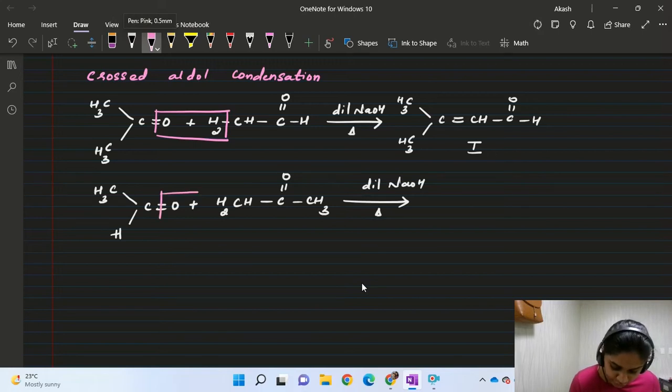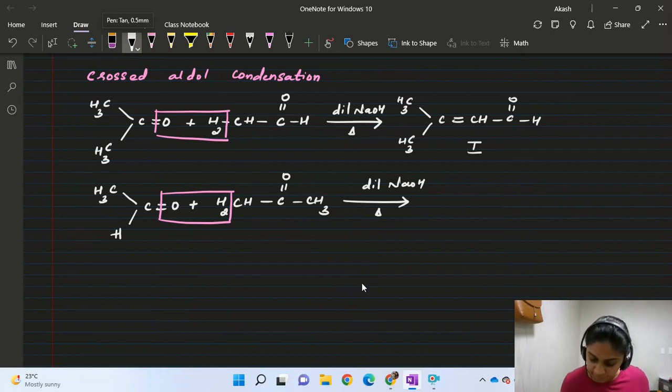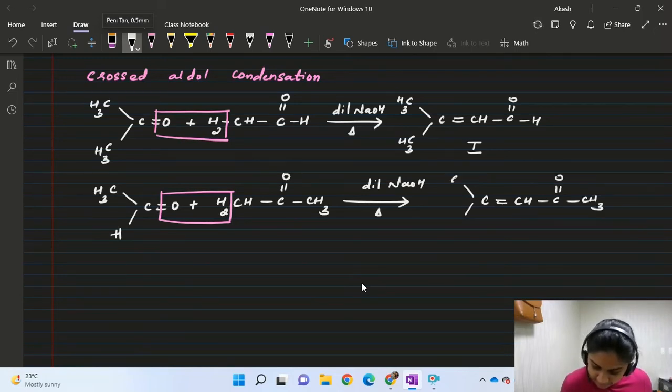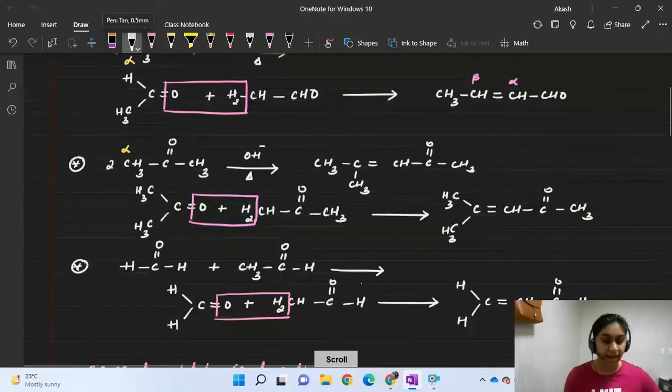Again remove your water molecule children and connect the carbon by a double bond. Simple. CH3 and H. So these are the two cross aldol products, and two self condensations will also take place, that I'm not going to write because I already explained here.